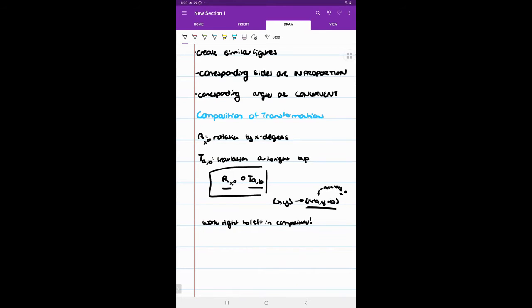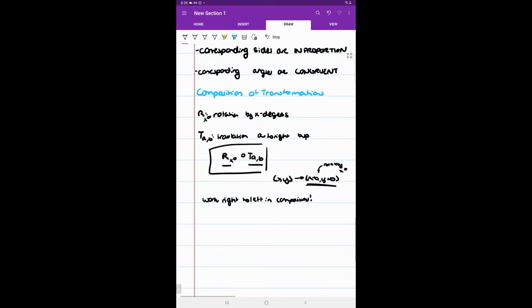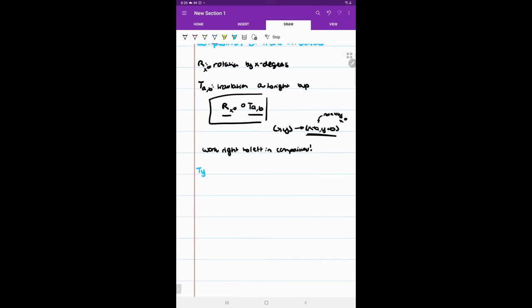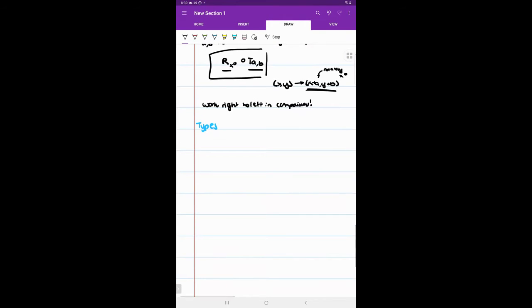So continuing on, what are some types of composition transformations? Well, composition of two reflections across two parallel lines is equivalent to a translation.